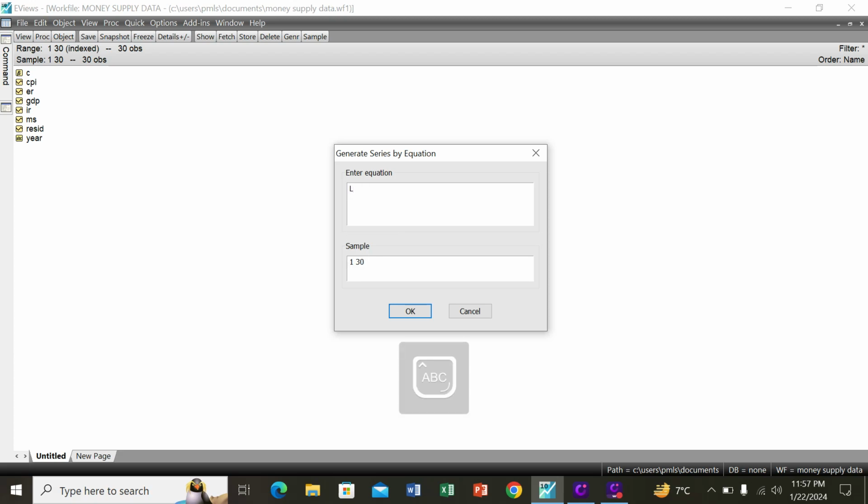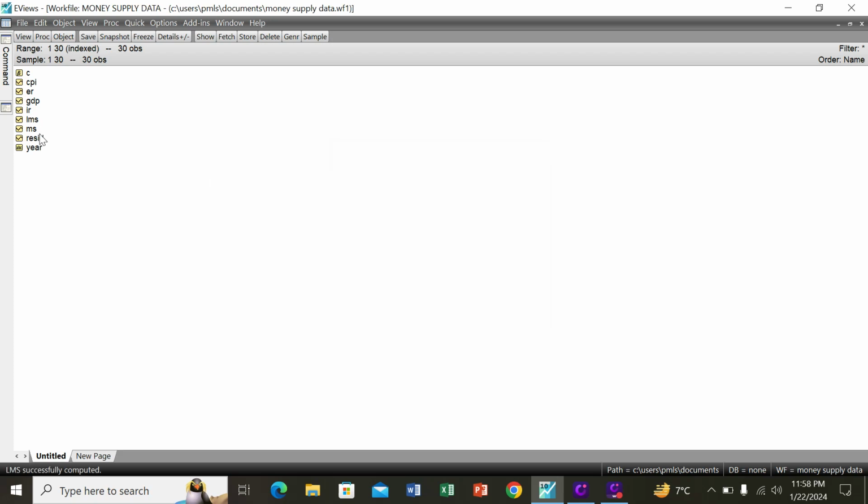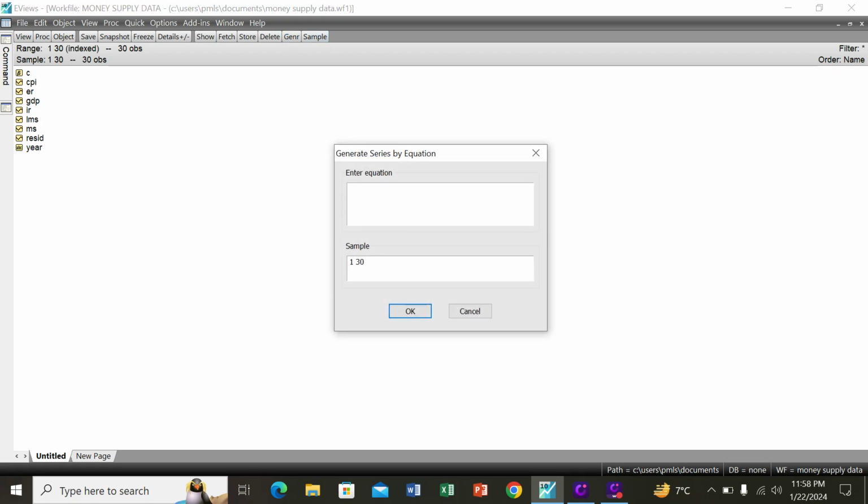So I want to keep this equal to log, then use the bracket and put the variable, which is money supply, ms. Keep it as it is, in small letters, or you can double click here and it will appear, then close the bracket and press it. So money supply is now converted into lms, log of money supply. One by one we need to convert it.